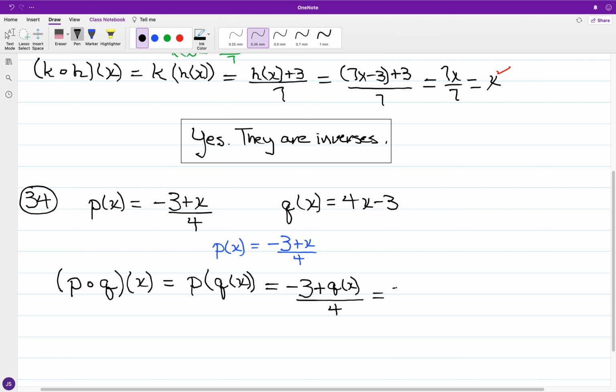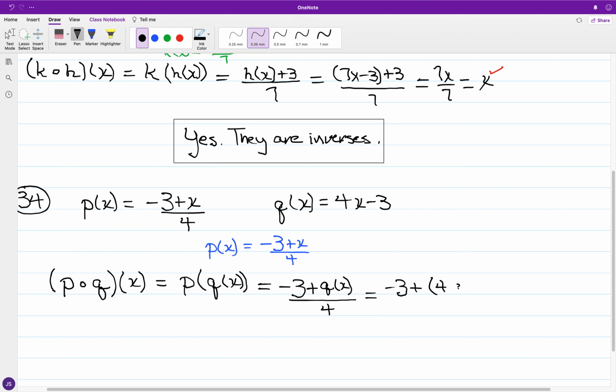Here we have negative 3, and filling in for q of x, we have the binomial 4x minus 3.